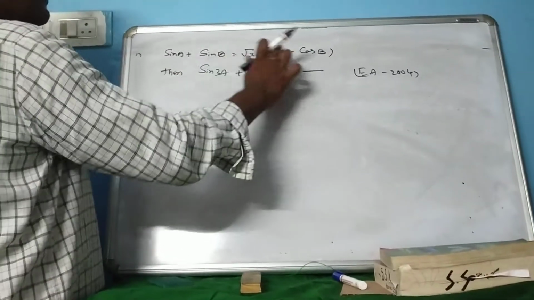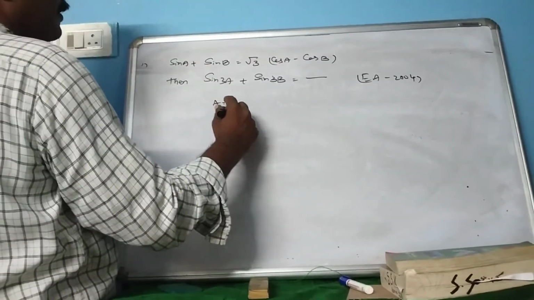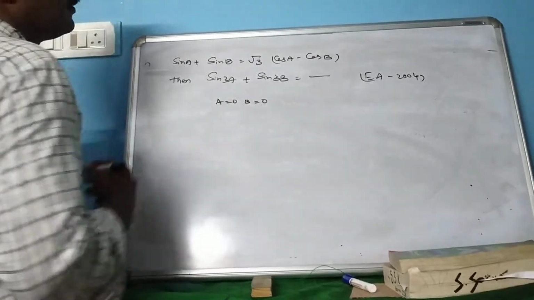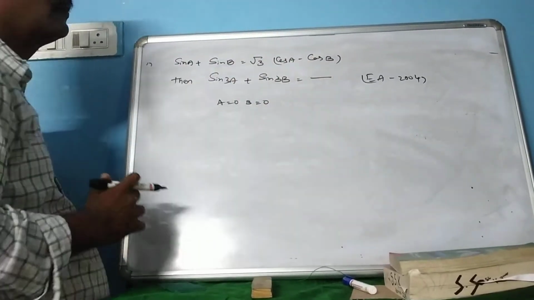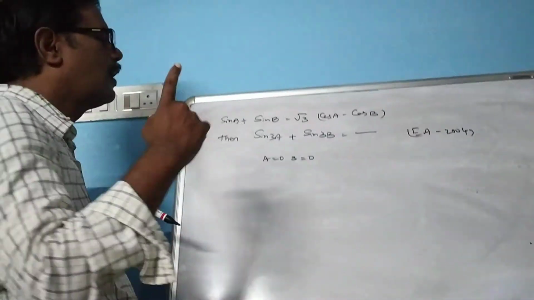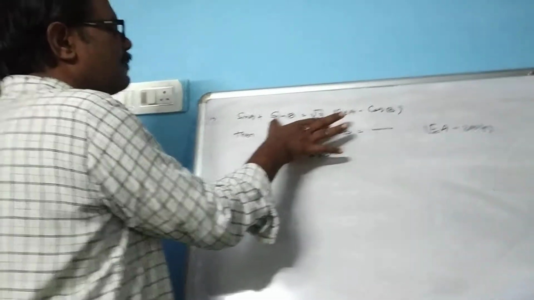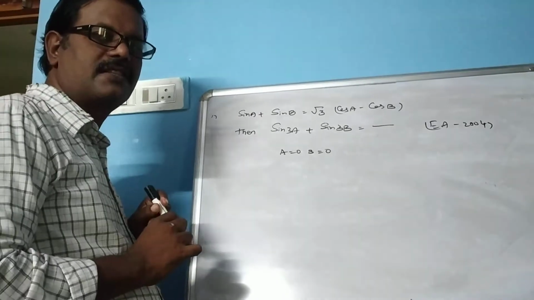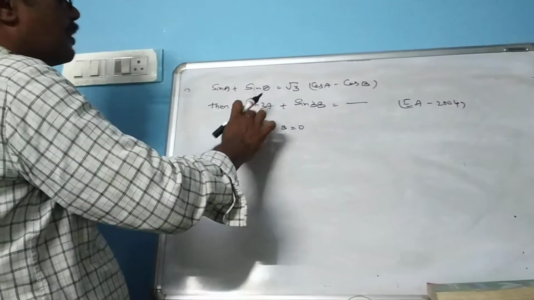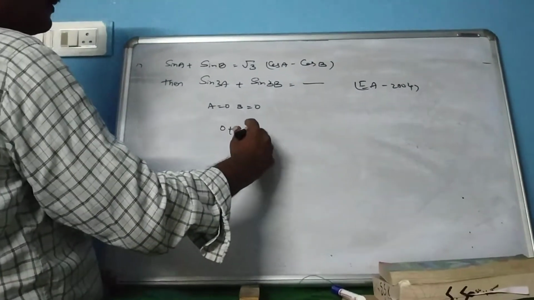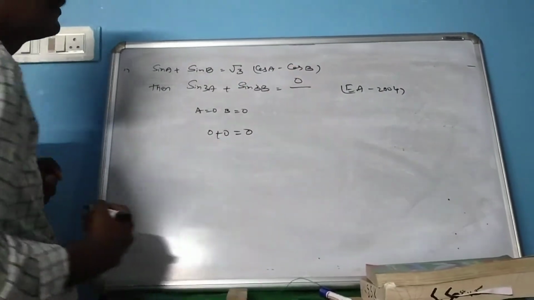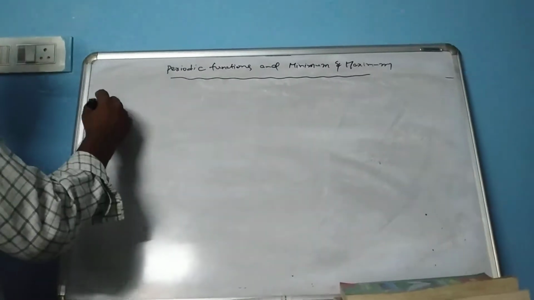You see friends, this only happens when A is equal to 0 and B is equal to 0. Otherwise, this statement is not true. Substitute in this: sin 0 plus sin 0, 0 plus 0. This is 0. This answer is 0.